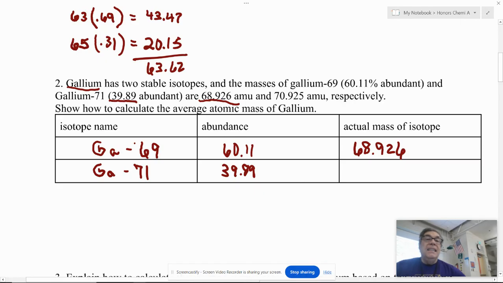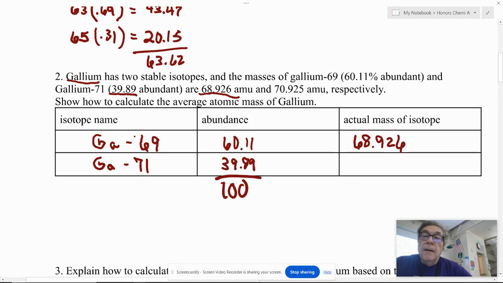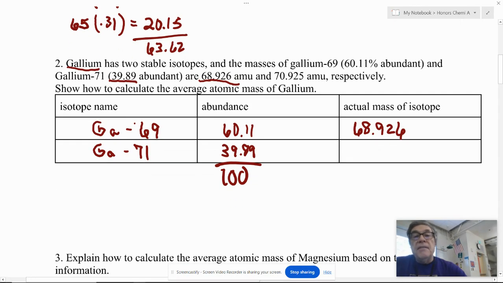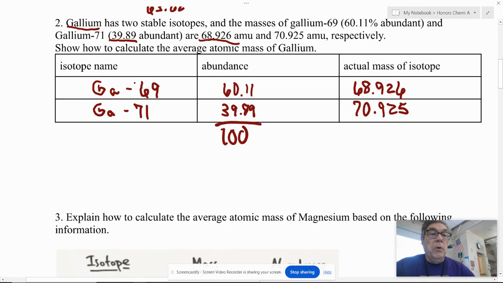And by the way, what should those abundances add up to? Always 100. They should always add up to 100. So the actual mass of this is not quite 71. It's really 70.925. So those are the numbers we want to work with here.